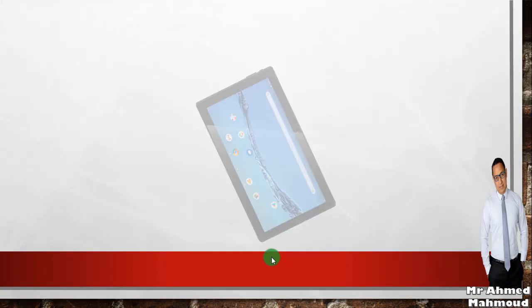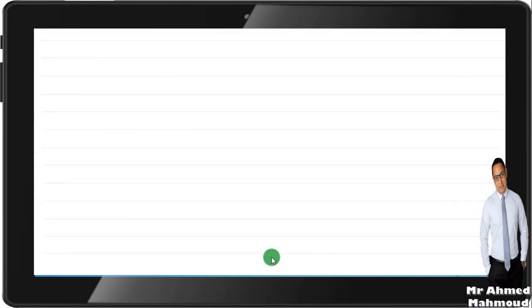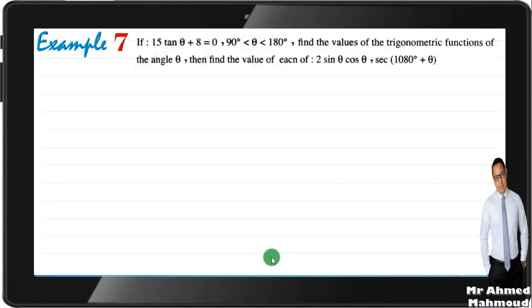Example 7. 15 tan theta plus 8 equals 0, and theta belongs to the second quadrant as we see. Find the trigonometric functions of angle theta, then find this expression. This is an equation.